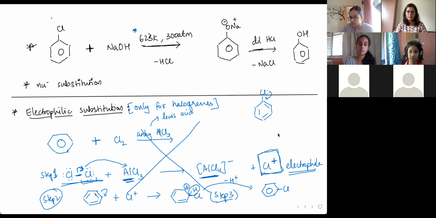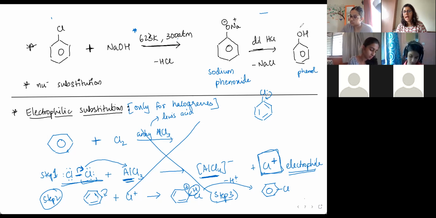Yes. What's the name of that ONa? Oh, this is sodium phenoxide. How did the name come about? This is phenol, right? If H plus is removed, an anion comes, so it's like a phenyl group and an O minus.